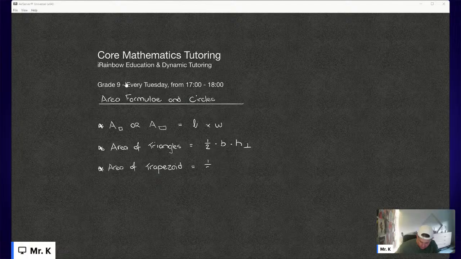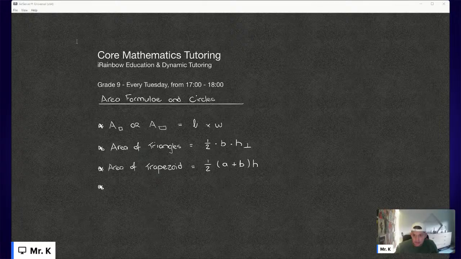Sometimes you guys will have to calculate it without the use of the formula by breaking the shape down, right? You need to treat it as a compound shape, but we're going to take just a look at one of each of these shapes and then move on. Okay, so the area of a trapezoid is calculated using the formula that I put below.